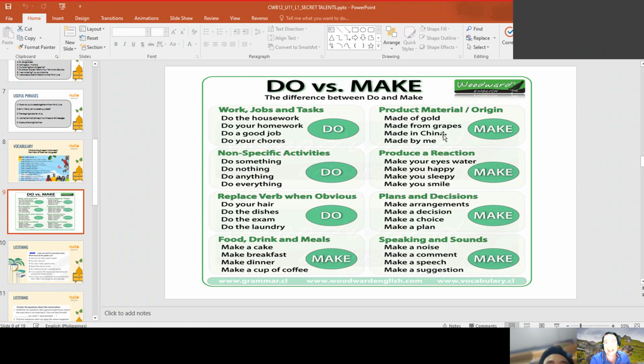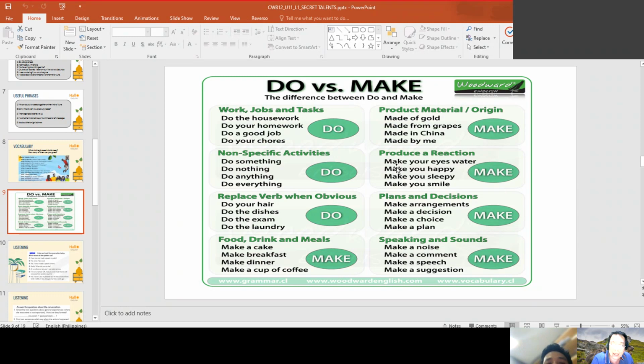Made in China. We do not say done in China, but it should be made in China, made in Korea, made in Vietnam. And made by me. We don't say done by me or make by me, but we have to say made by me.